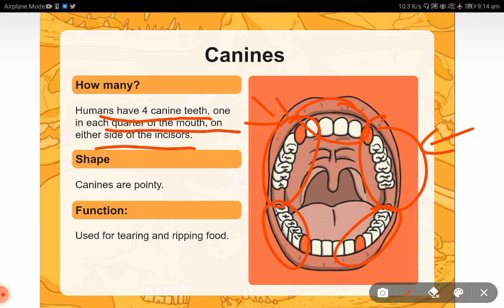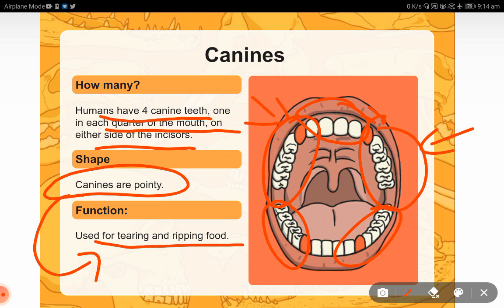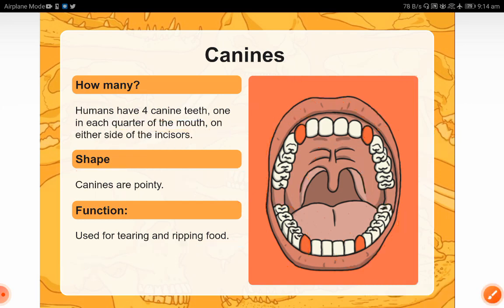Canines are pointy, and based upon their shape, their function is tearing and ripping food. When they are pointy, it means that they can be used for tearing some hard things and ripping the food. So once again, there are 4 canines in the mouth, one in each quarter.